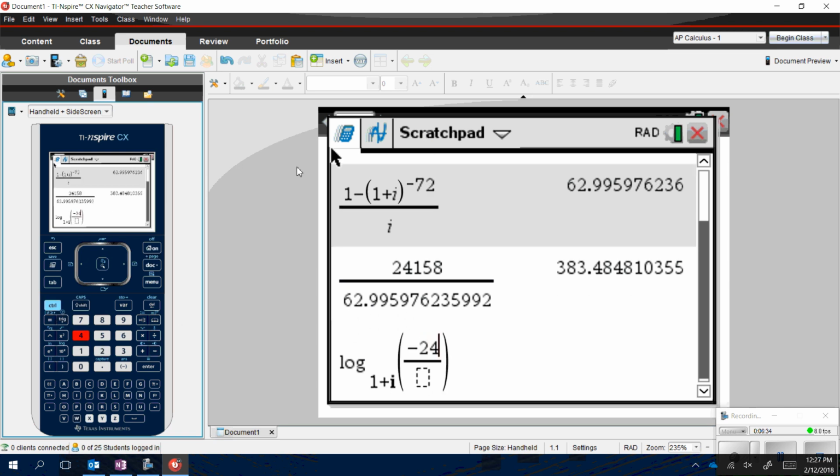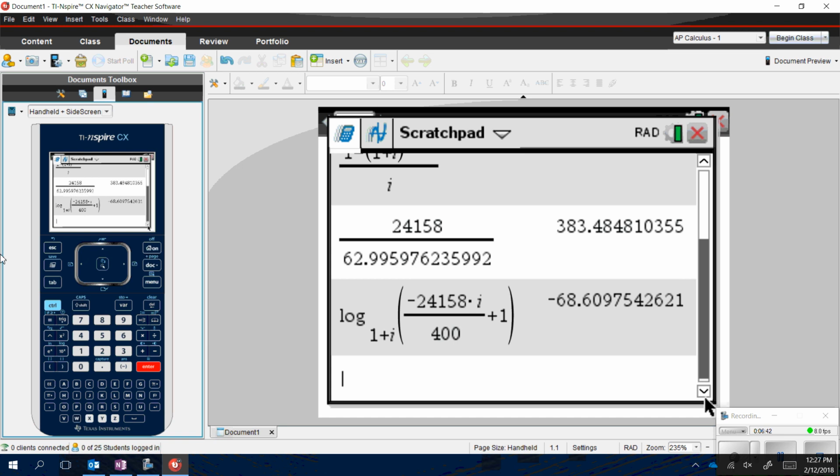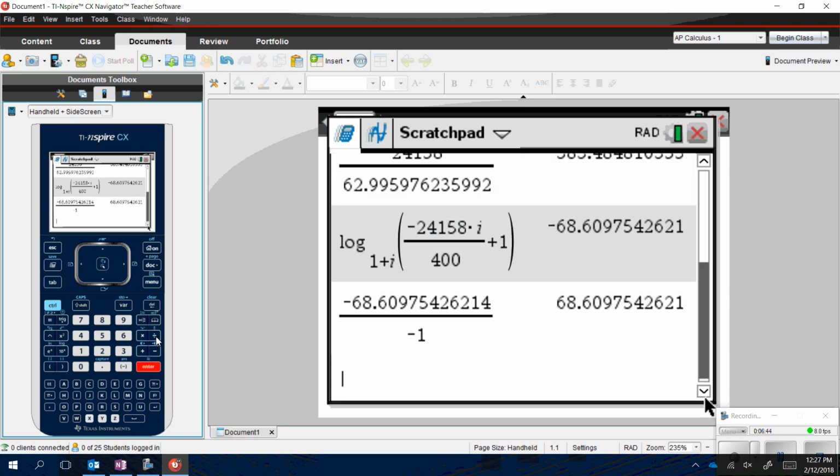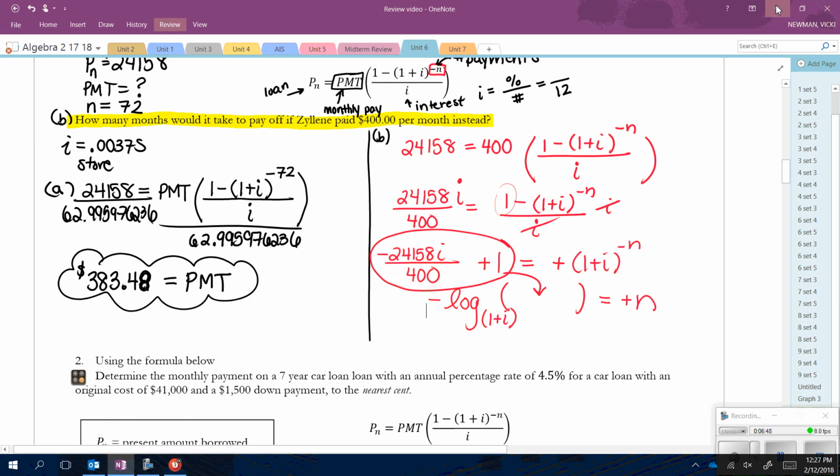Negative 24,158I over 400 plus 1 divided by a negative 1, 68.6. So 68.6 would be 69 payments instead of 72. So that's 13 payments. So she's really shaving a year off of her loan, I guess.